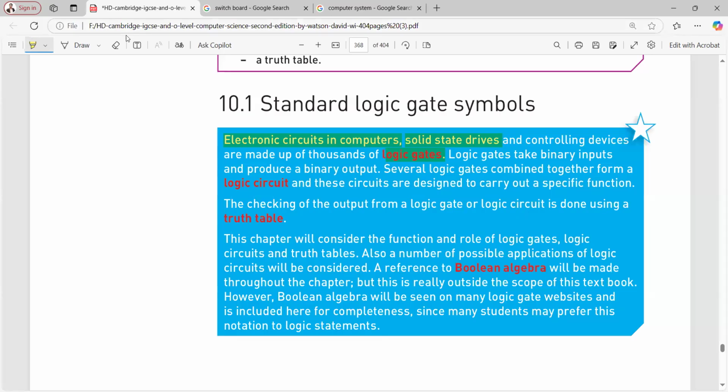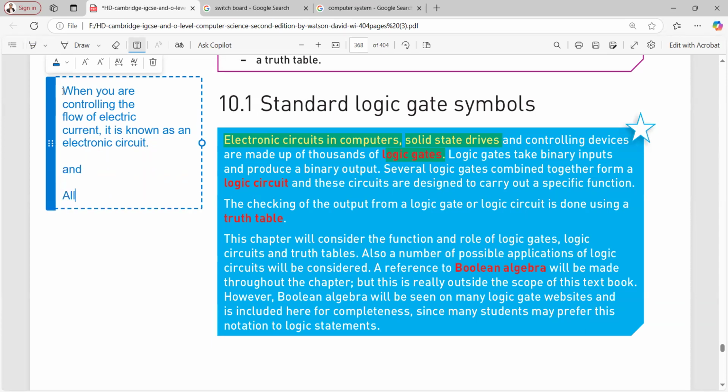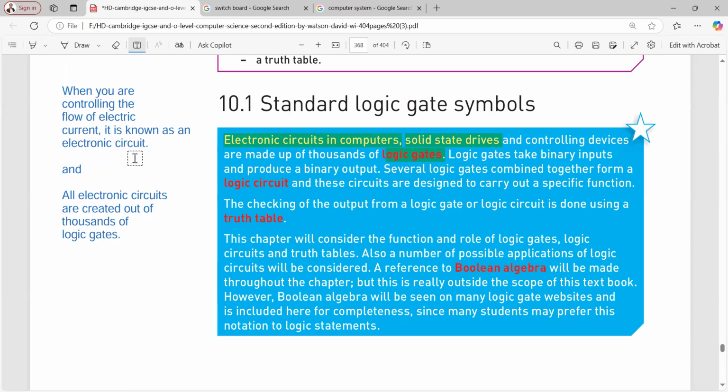That means when you are controlling the flow of electric current, it is known as an electronic circuit, and all electronic circuits are created out of thousands of logic gates. Do you have any confusion in this statement?